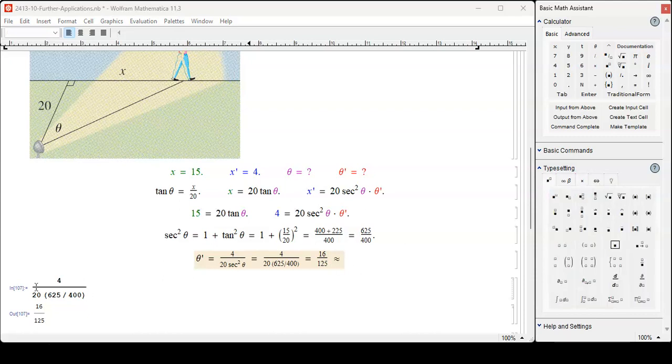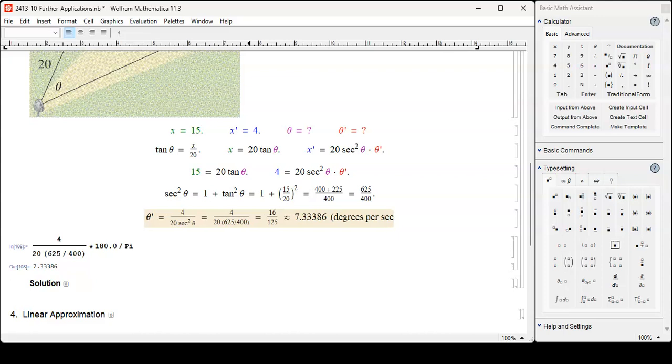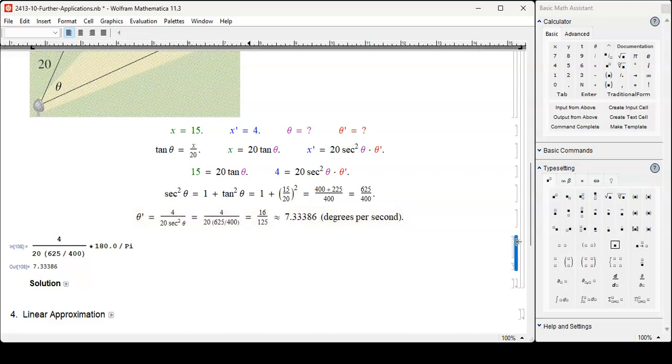That's in radians. So if you multiply by 180 over pi, I'm going to get the degrees. So 7.33 something per second. Looks like I can answer like this.